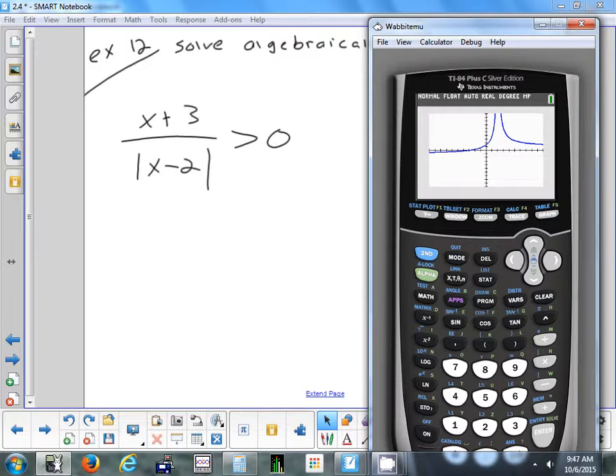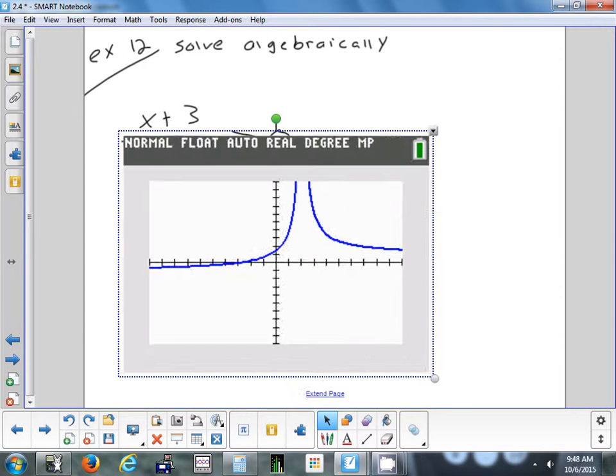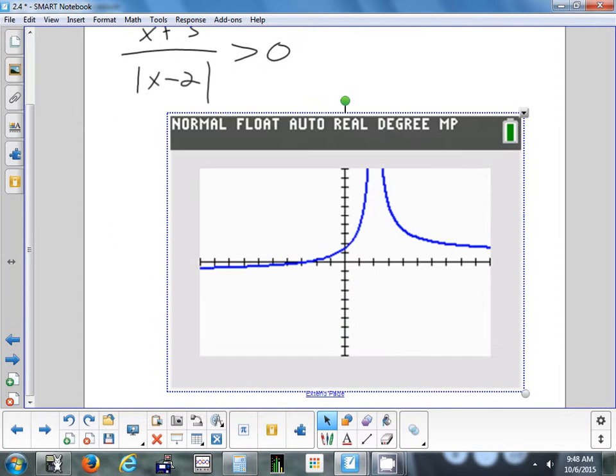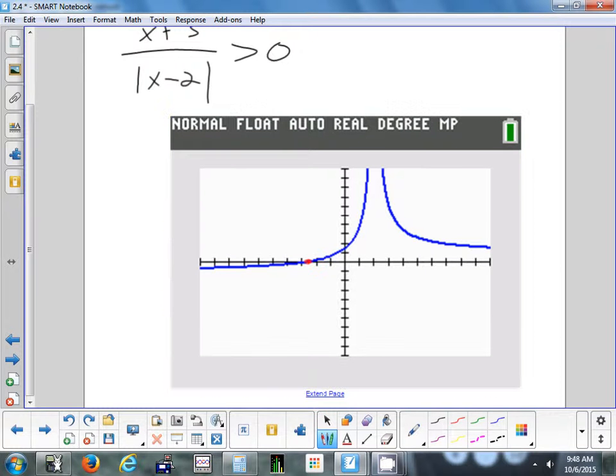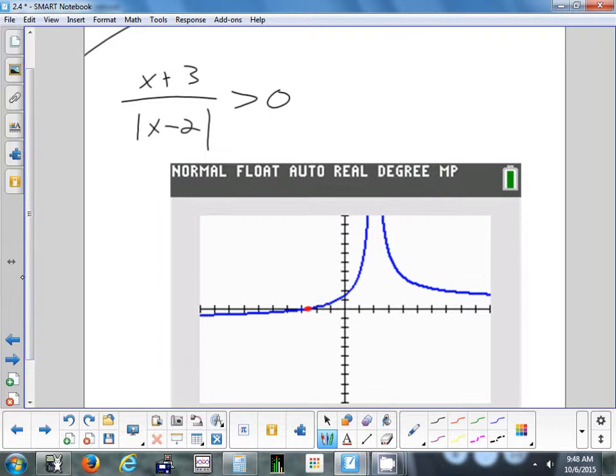All right, let's look at that. Here's your graph. So at some point right about here, it crosses and it goes above 0. Is there any value here we'd have to be careful that you could not use for x?